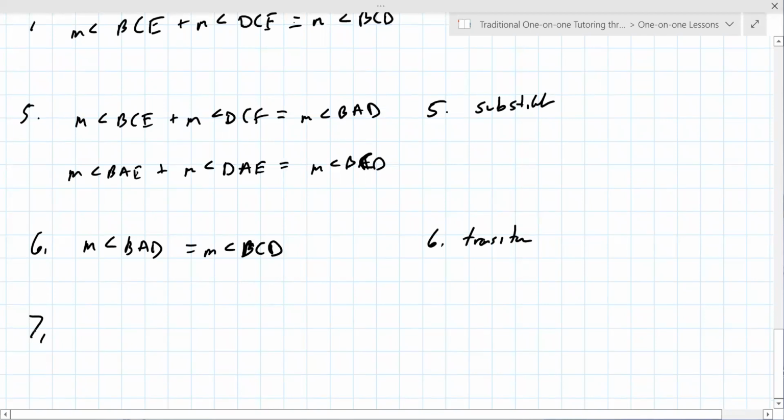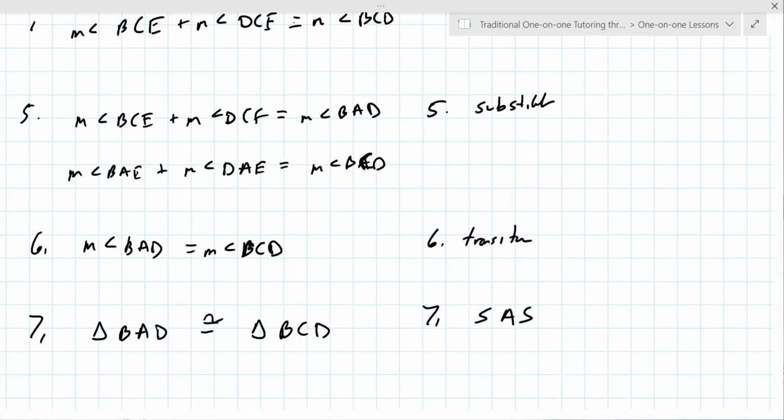Sorry we're not being more formal, but we've got a lot of problems to go through. That allows you to say that triangle BAD is congruent to triangle BCD through side-angle-side. That's everything we did in the upper picture, and that's the postulate that gets the angles congruent.